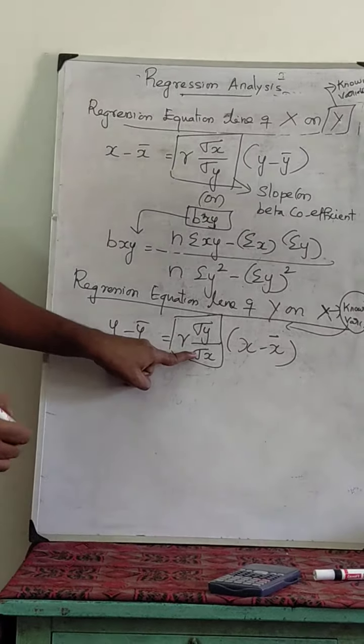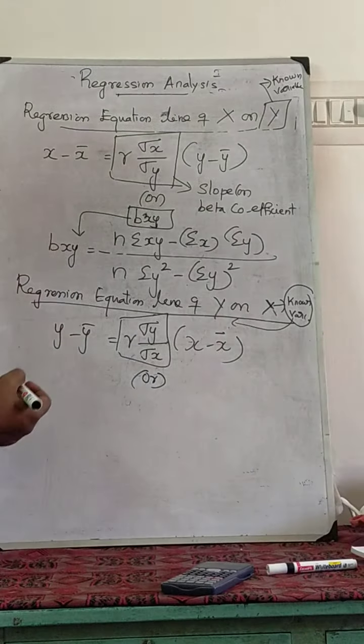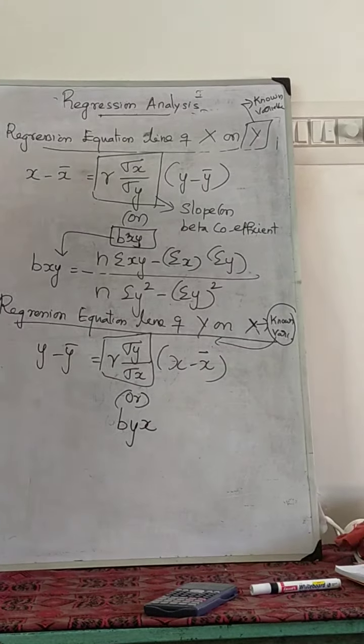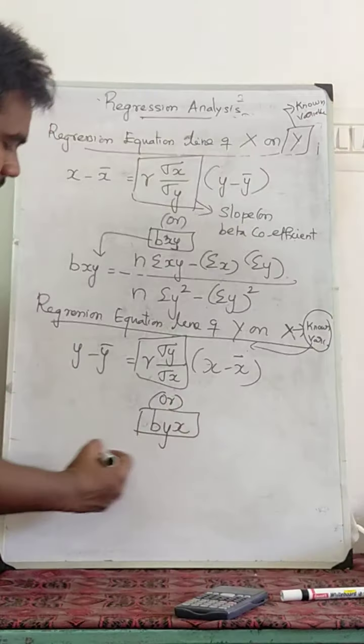Either you can use this one according to the problem, or we can go for bxy, another term for the beta coefficient, byx, because we need to find out the value of y. Okay, so how to find out the byx?